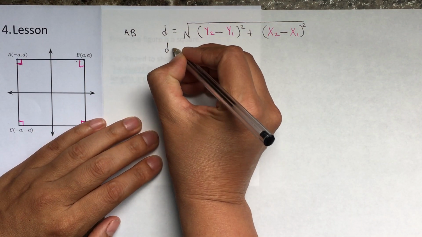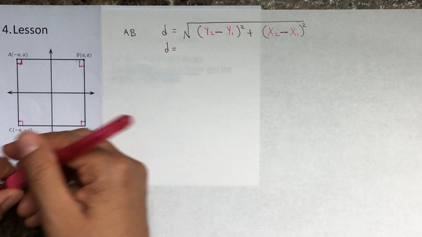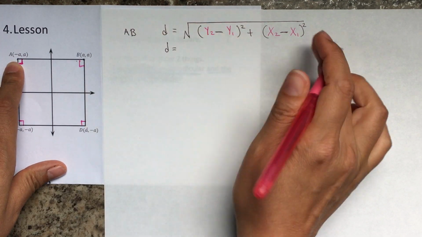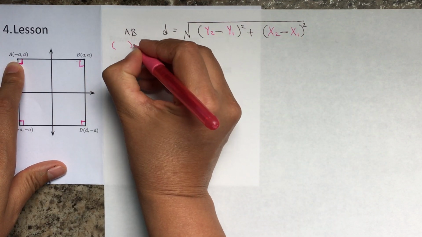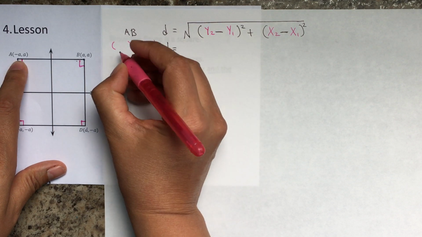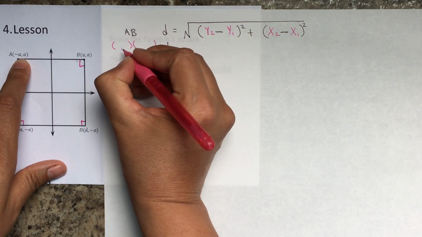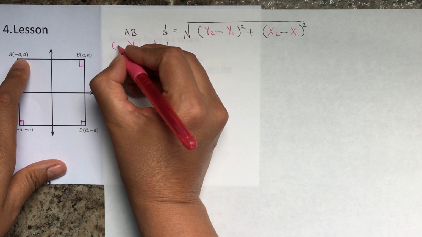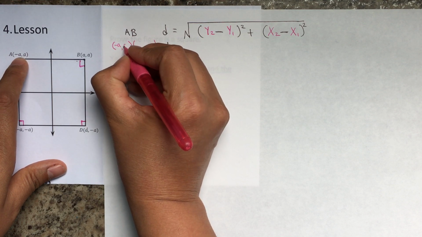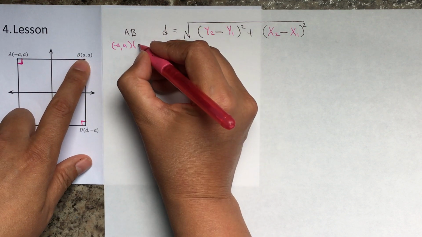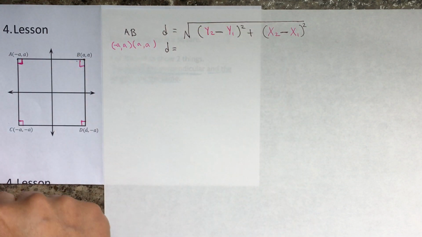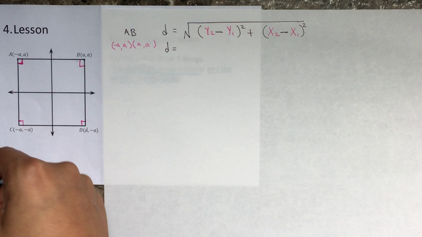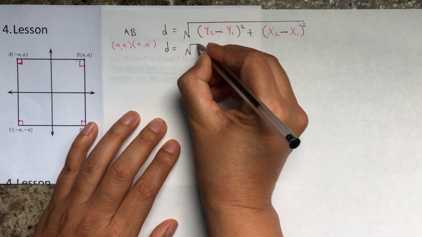Okay, so the distance of AB, we use this formula, and again, this is the same formula that we used before for the previous lesson when we were just barely learning about the distance. And so point A is negative a, positive a. Point B is a, and we proceed to substitute.